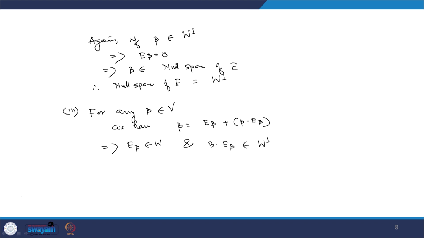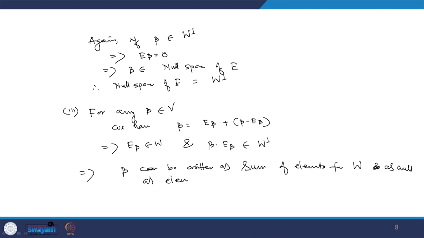So, we see that beta can be written as a sum of an element from W as well as an element of W complement.